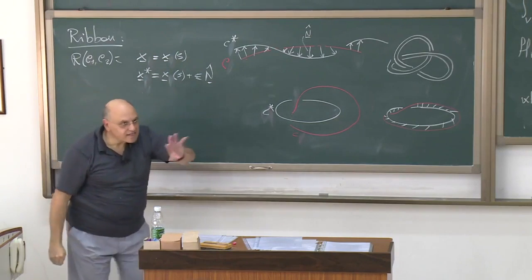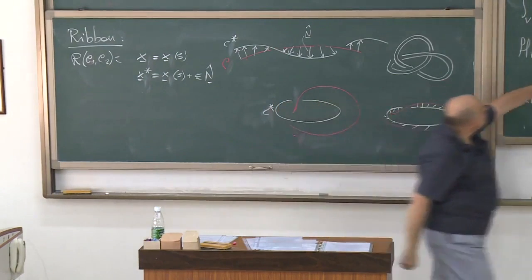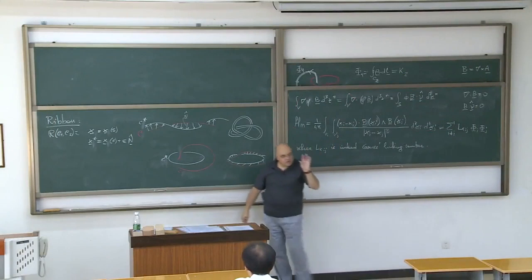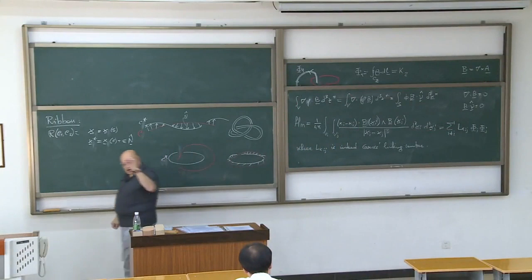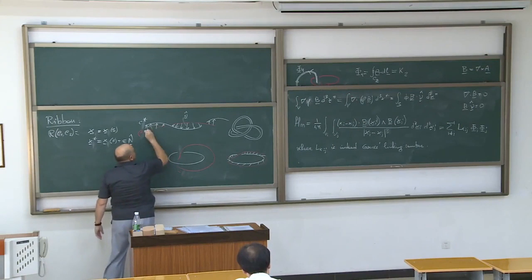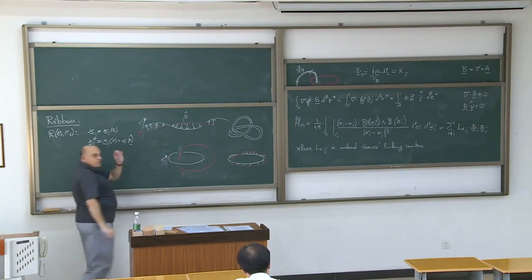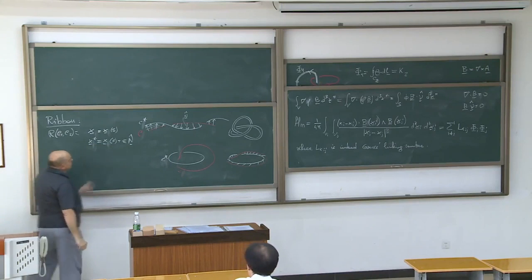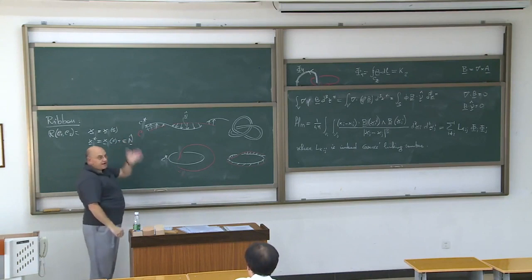I use X and X star in Biot-Savart, in the previous expression. We start thinking that these two curves belong to the same structure, but they are still separated by a finite epsilon.